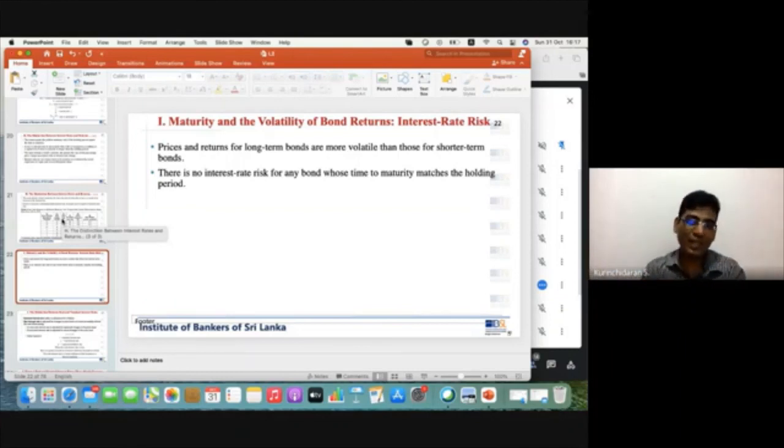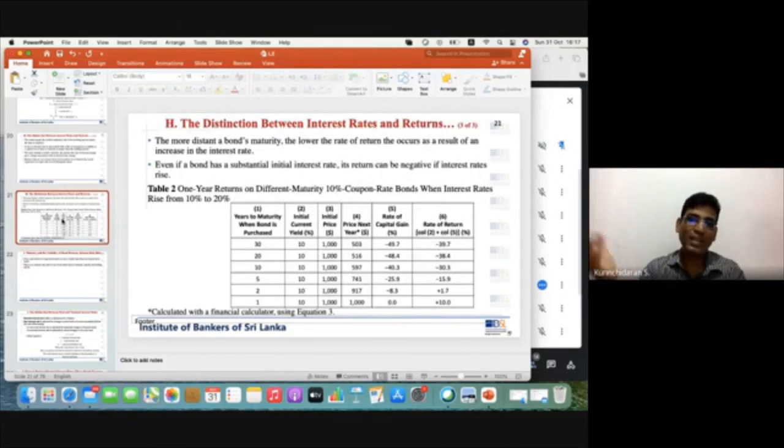We will get the face value at the end of the day. So we don't make any provisions or any impairment. We don't book any impairment if the bond is going to be held in a banking book or held to maturity, right?